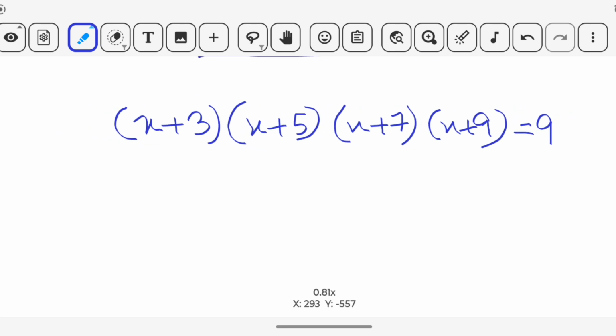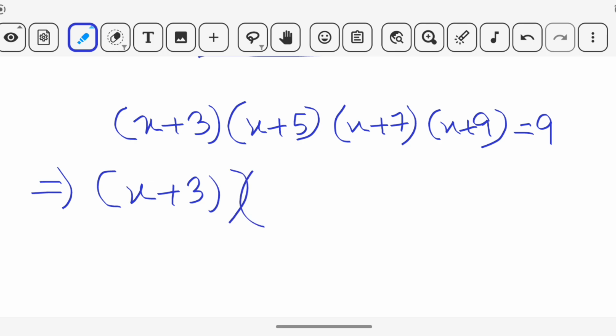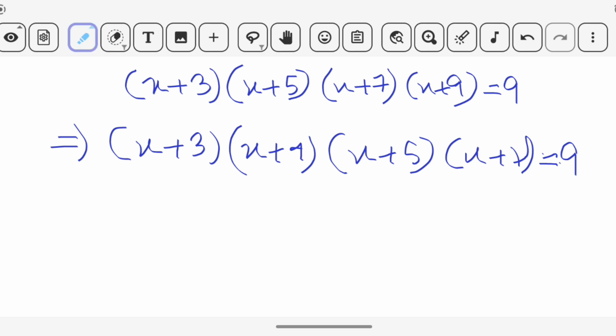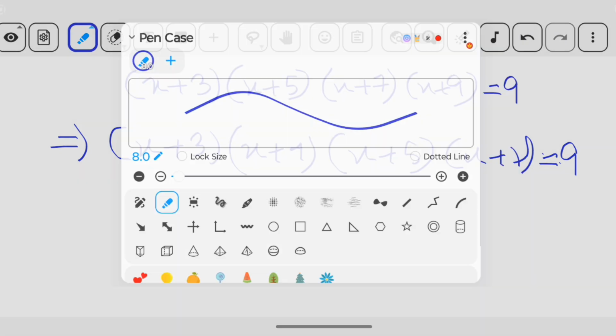First, arrange it in a solvable format, which means x plus 3 and x plus 9 come together, multiplied by x plus 5 and x plus 7, equals 9. So we have written it in a more convenient format.